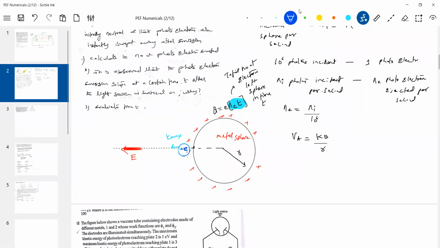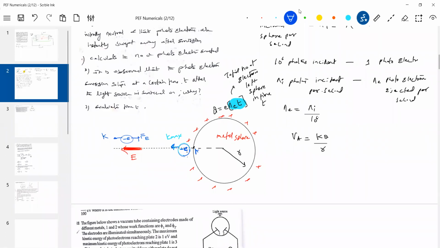Now tell me, what will happen to this electron? When it is here, it has kinetic energy K and it encounters the electrostatic force. All this electrostatic force will retard it.